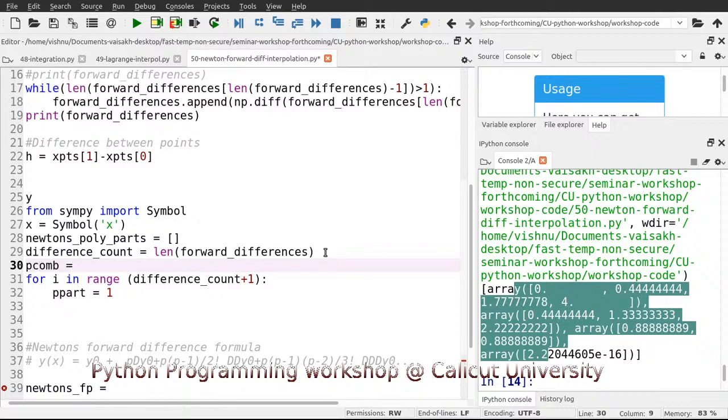We just put it like pCr, as we call it. Computing that itself is a little bit difficult. So pCr, how do I compute pCr here? So p into p minus 1.